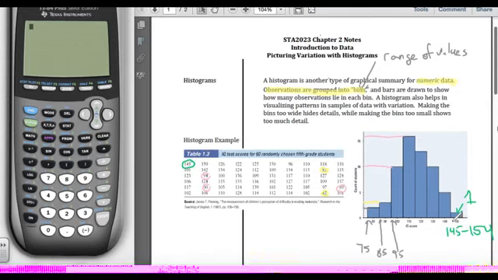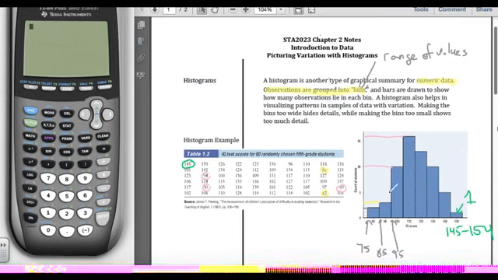That's the highest score. Now we have this histogram because it's helpful. It allows us to see patterns. I can see that most fifth graders would have an IQ between 75 and 154 or 155, but the most typical IQ scores appear to be around this 105 to 114 range. That's where most students' IQs will be.